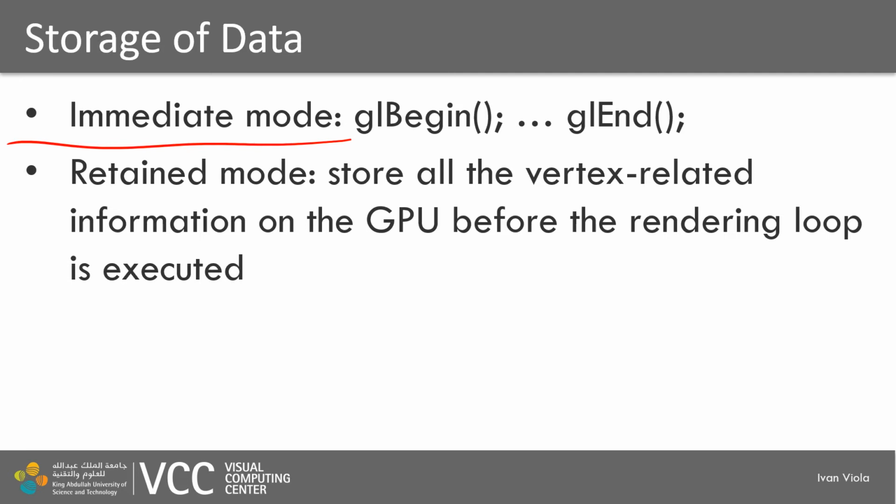Well, this is not a very efficient approach, because you can imagine for large meshes there will be a huge data transfer to read all the vertices from the main memory and then pass them up to the GPU memory over the bus. There will be a lot of data traffic.